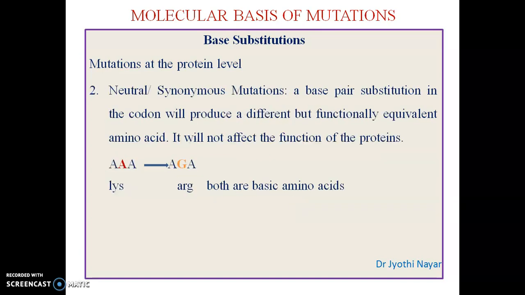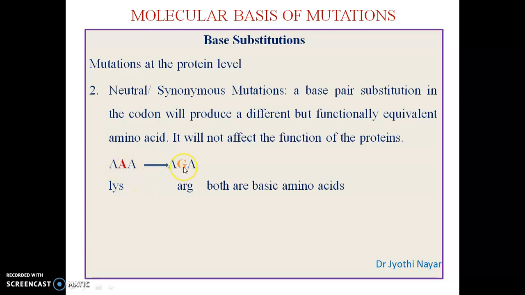The second type of mutation is called the neutral mutation or the synonymous mutation, wherein a base pair substitution in the codon will produce a different amino acid, but it will be a functionally equivalent one. This will not affect the functioning of the protein. The example is AAA, which codes for lysine, and AGA, which codes for arginine.